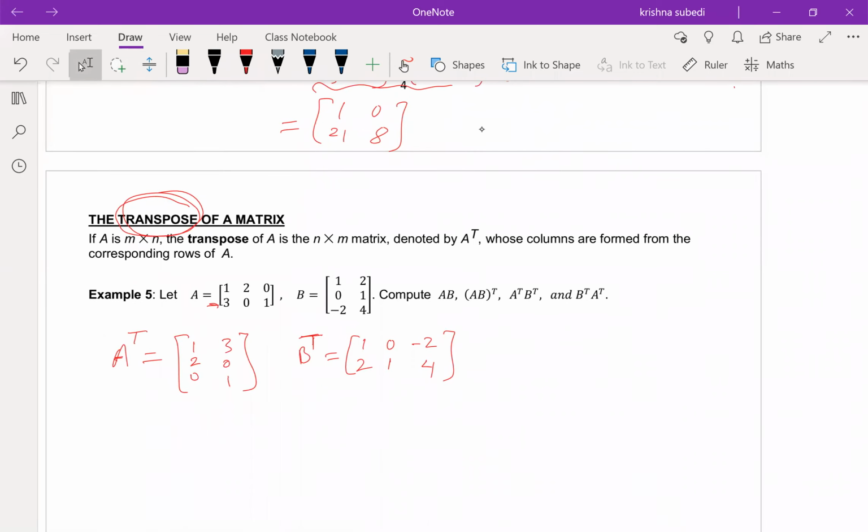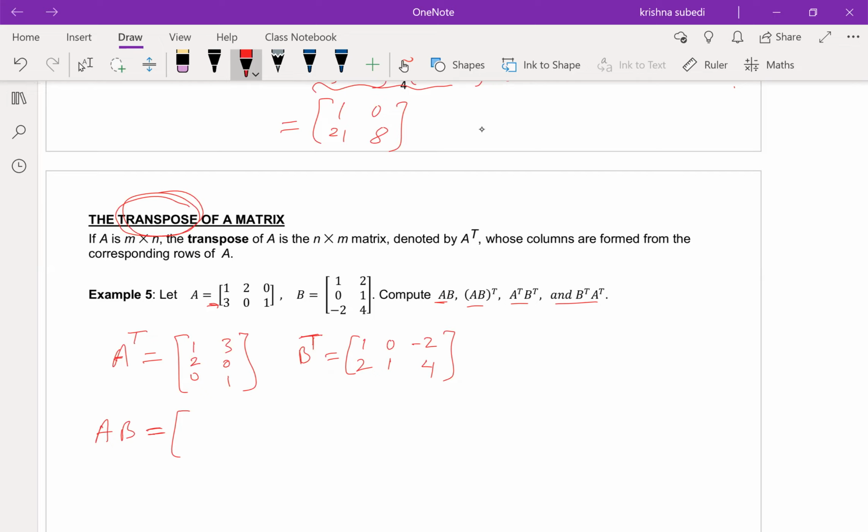Okay, we're gonna compute this quickly. Now AB. The reason that I want you to practice a lot of multiplication, even though you know how to multiply, is because we need fluency here. Later on we don't have that much time to actually think. You need to be able to find the multiplication right away.